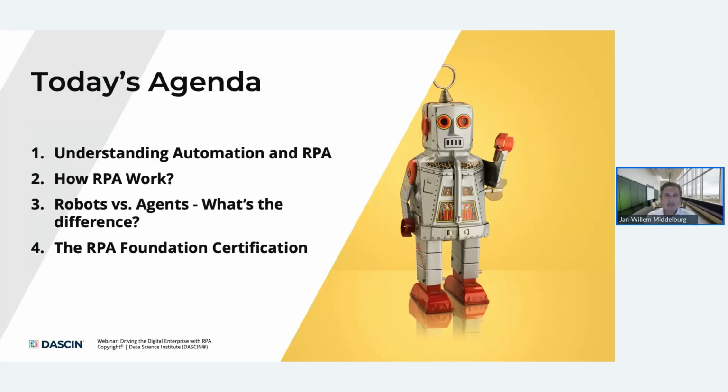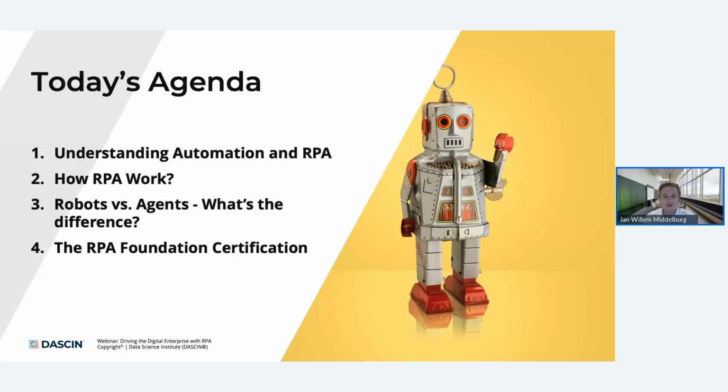And then thirdly, I'm going to cover one of the main topics I think that is on almost every IT executive's agenda these days, which is agentic AI. And within the domain of RPA, we refer to this as agentic automation.